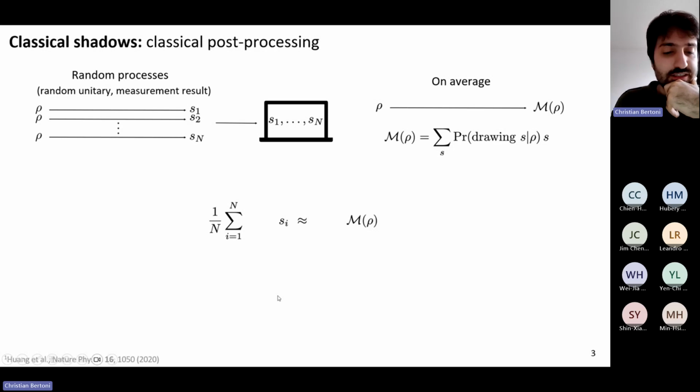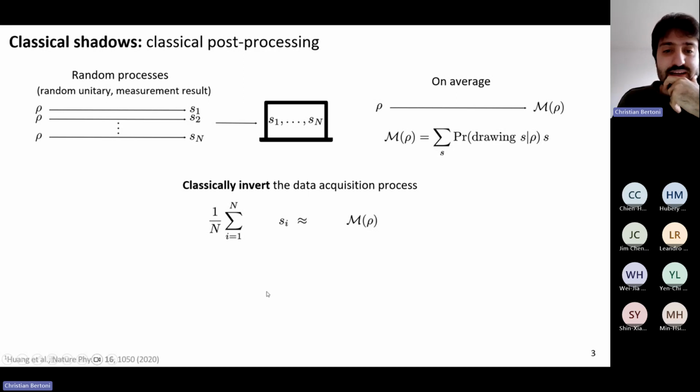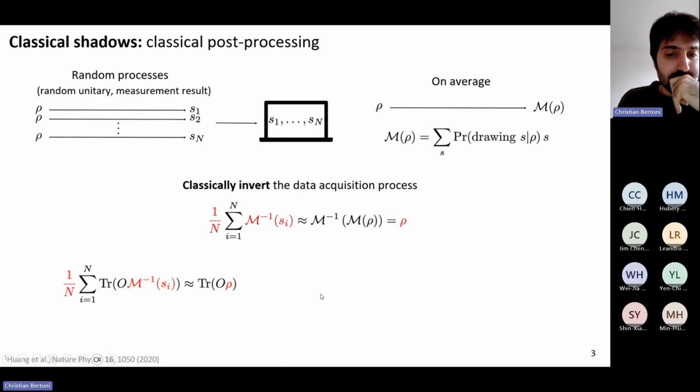And this by itself is not very interesting. But what's very interesting is that under the right condition, we can classically invert this channel, which in a sense encodes what the data acquisition process is. By this, I mean that we can literally find some linear inverse of the map and apply it to our snapshots. And this gives us some random variables which on average reproduce exactly the state.